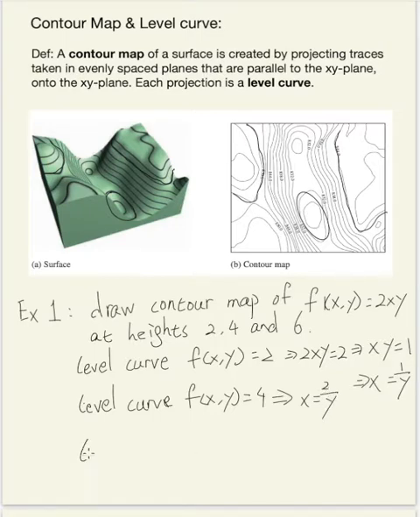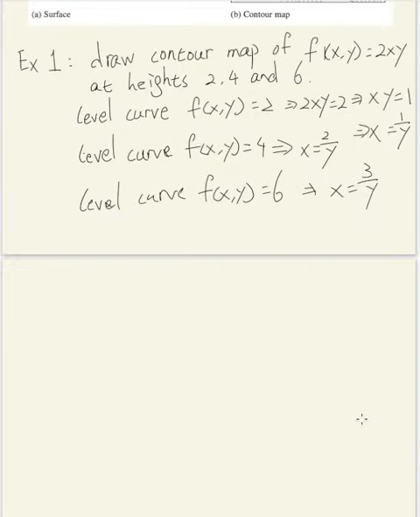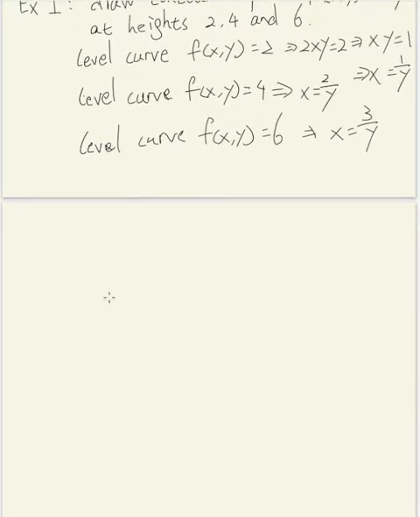And then level curve f of xy equals 6, you get x equals 3 over y. Okay, so then you just draw the 3 level curves.